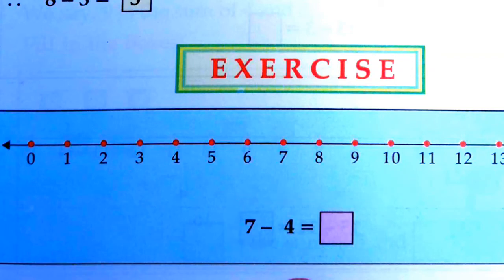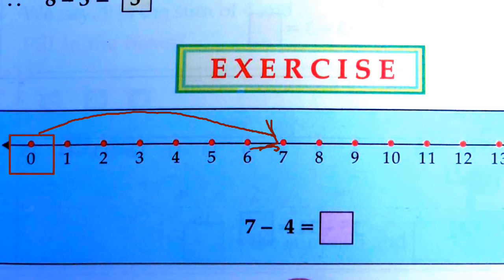First we will take 7 steps forward from where? From 0. We will reach at 7. When we start from 0 and take 7 steps forward, then we will reach at 7.